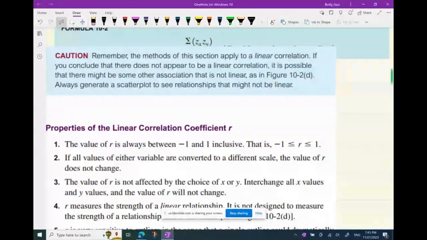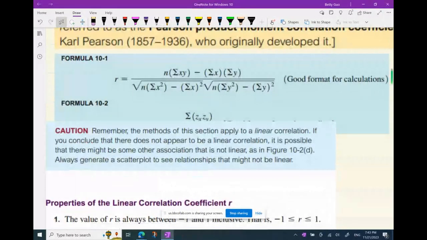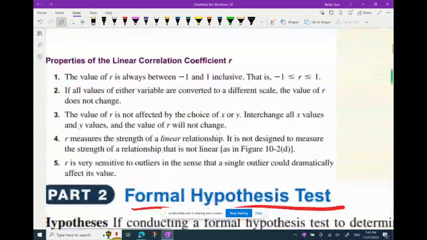Number two, in the formula, as you can see, X and Y are symmetric. So if we switch the order of X and Y, it does not change the value of R. That's the second property.